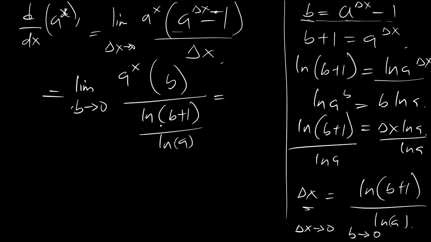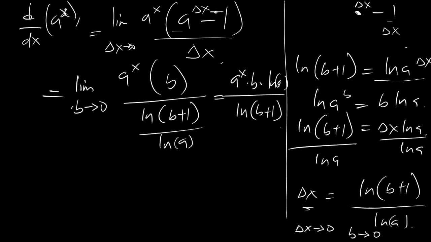Now this is the same thing as saying a raised to power x times b times ln a divided by ln b plus 1. So let me just erase this to explain how we got that.